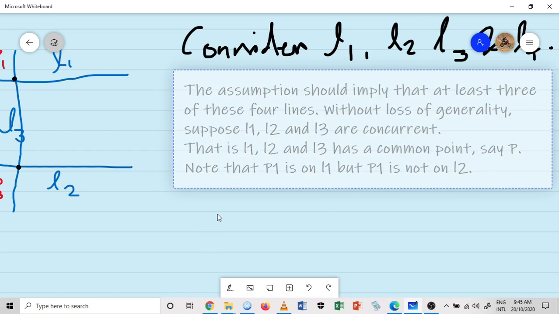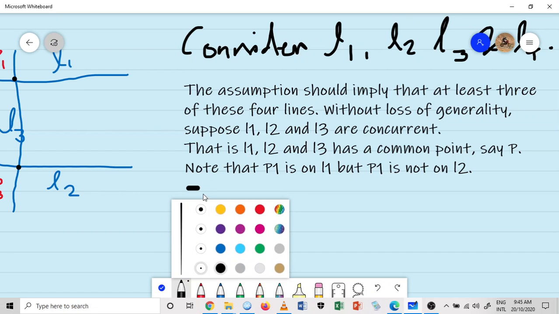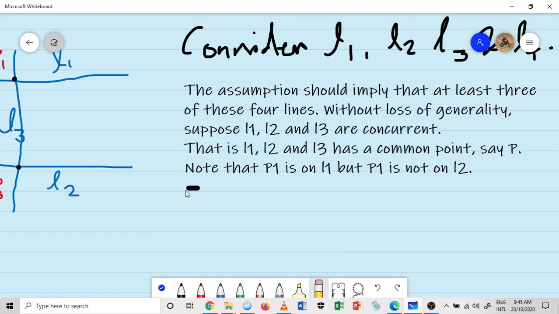So this would imply that P1 is not P. Why? Because P should be on L2, because it is a common point. It is common among L1, L2, and L3. So P1 cannot be this point P.